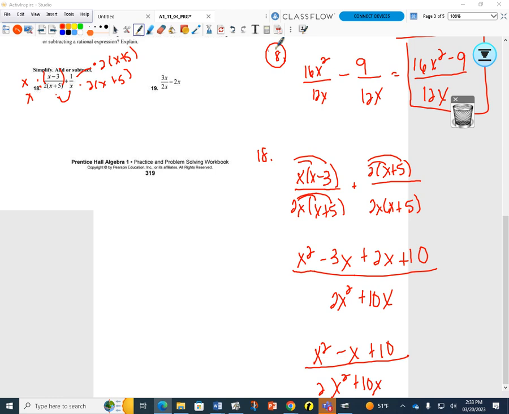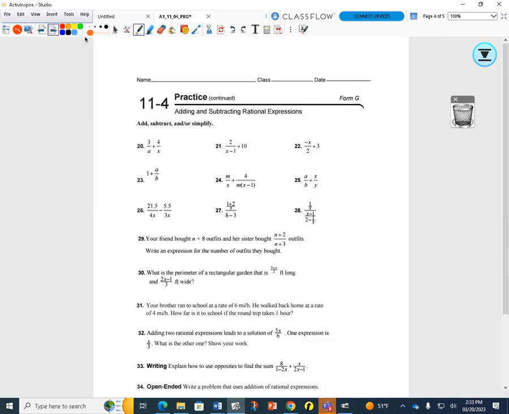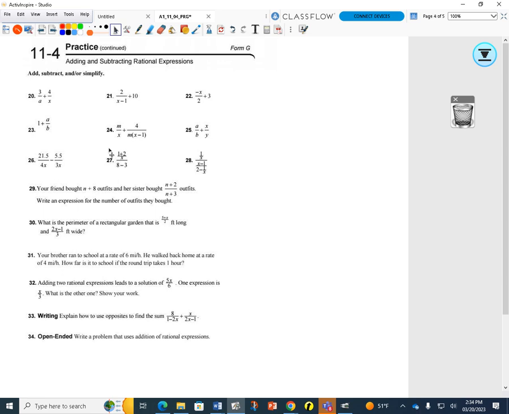Let's go ahead and go on to number 20. Number 20, we're just going to multiply our denominators. A times x to get into a denominator of ax plus something over ax. Multiply the denominator by x, so I'm going to multiply the numerator by x.